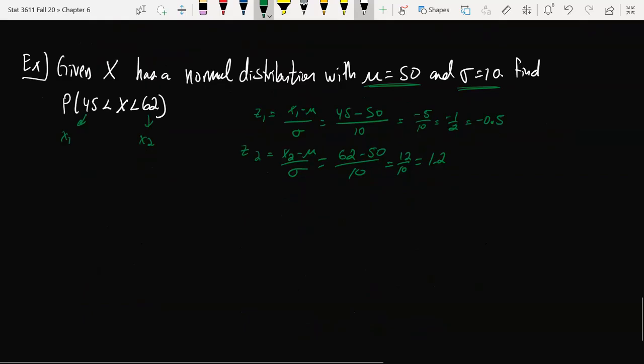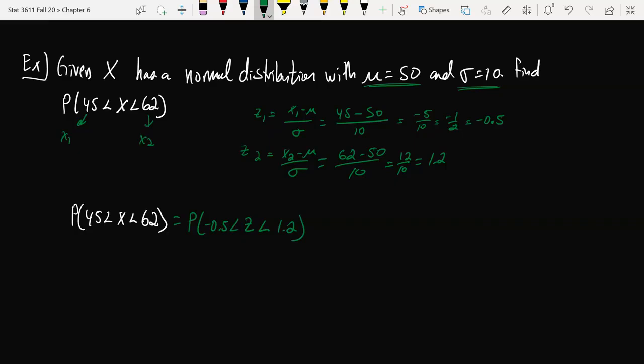So here we go then. The probability that X is between 45 and 62 is equivalent to the probability that a standard normal random variable Z is between negative 0.5 and 1.2.